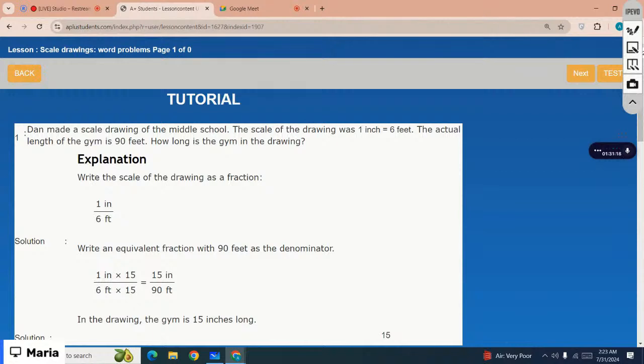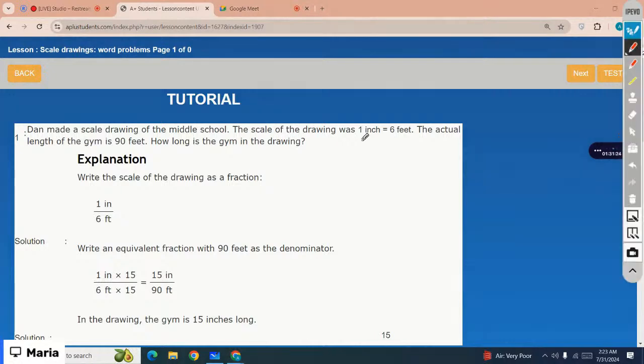Okay, so the scale he used is 1 inch equals 6 feet, right? The length of the gym is 90 feet. You need to find the gym in the drawing. So actually the scale is 1 inch to 6 feet, right? So you have 90 feet here. Find the equivalent ratios actually. 6 times 15 is 90. That means 1 times 15 is 15.